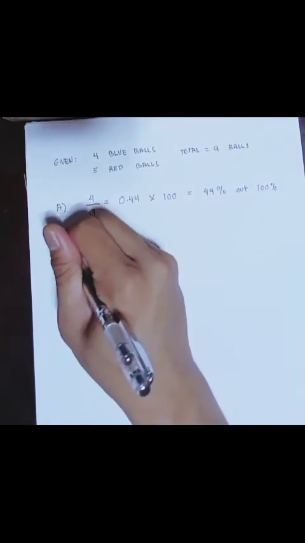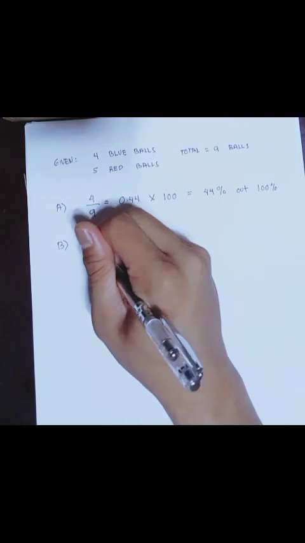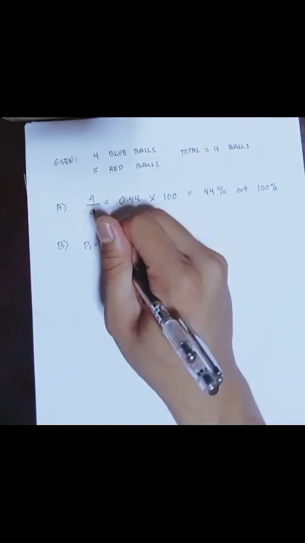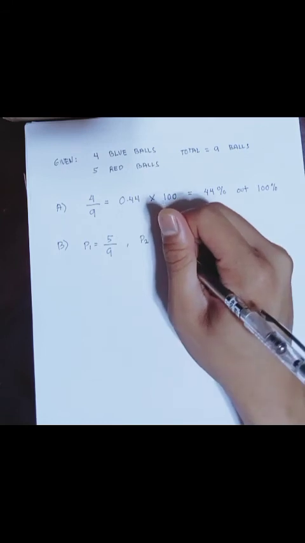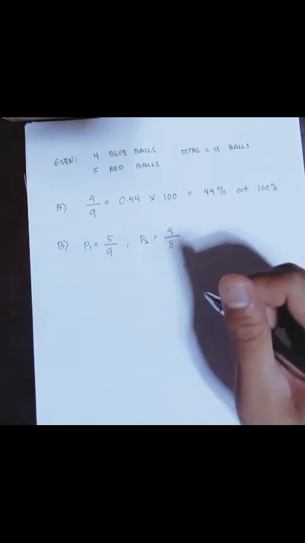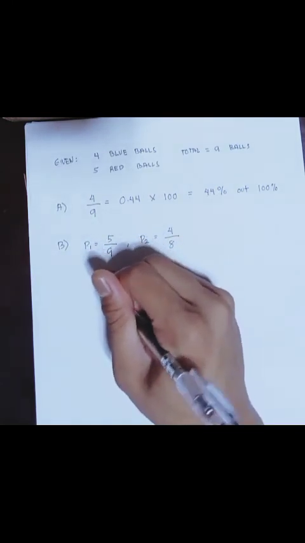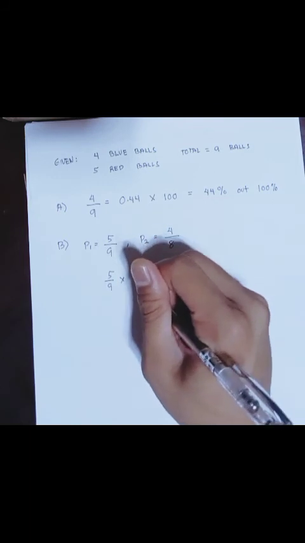For the next question, we are asked if 2 balls are drawn at random, what is the probability that both are red? So in our first draw, we have a total of 5 red balls out of 9. And then for the second draw, we have left 4 red balls out of 8. So we are just going to multiply the first fraction by the second, which is 5 over 9 times 4 over 8.